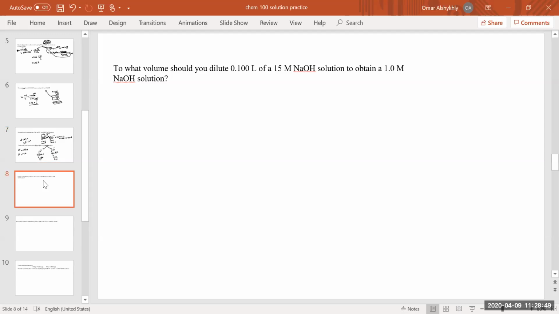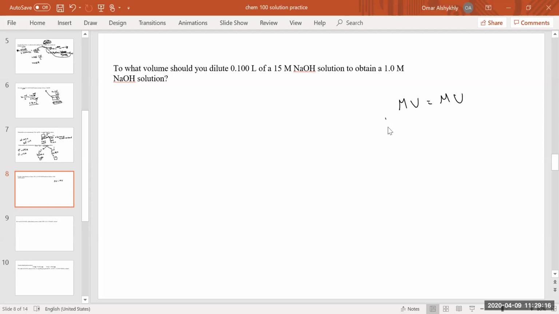Okay, let's look here at this question. To what volume should you dilute 0.100 liter of 15 molar NaOH solution to obtain 1.0 molar NaOH solution? So here we have the dilution. MV equal MV.